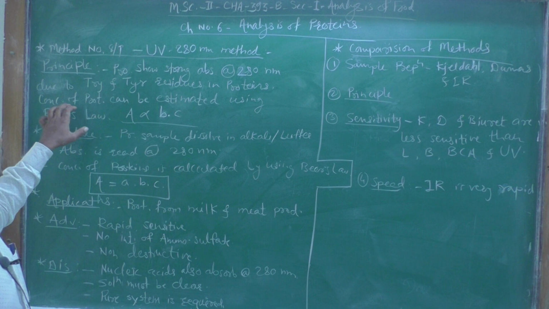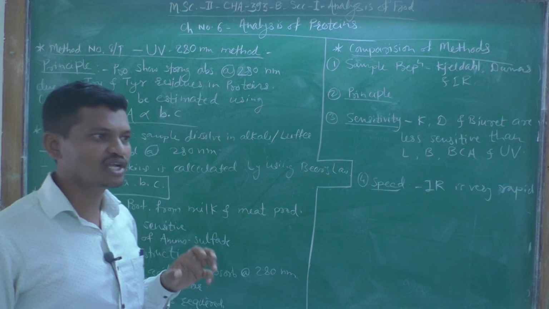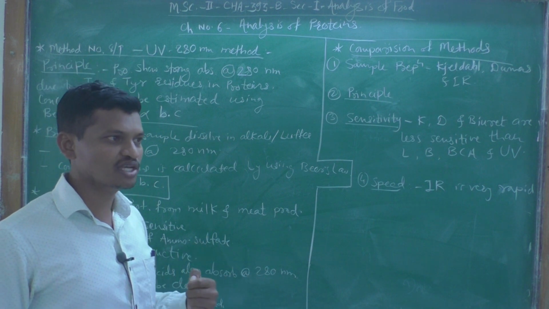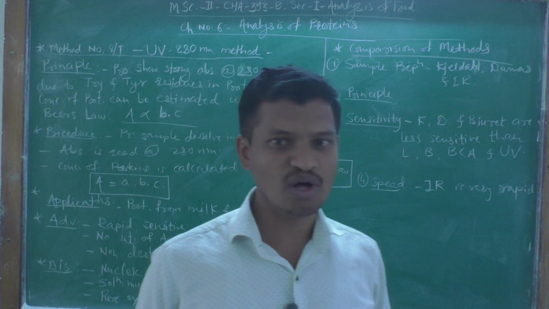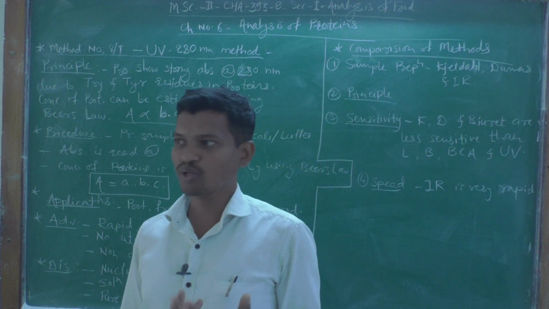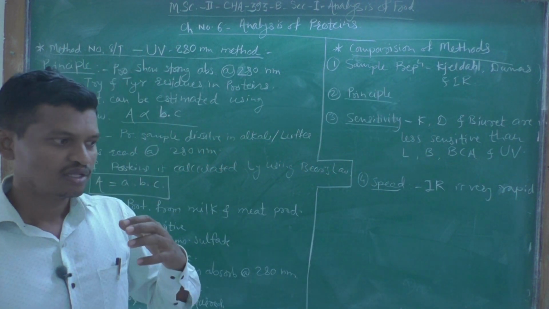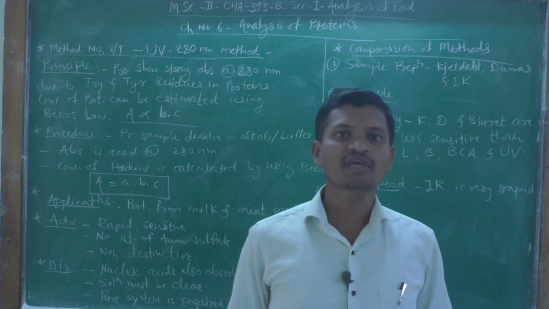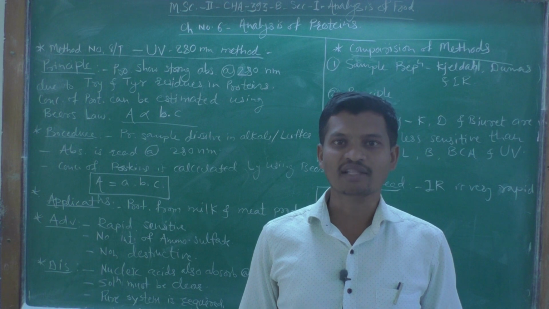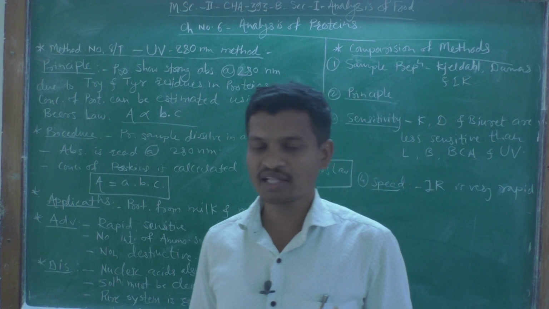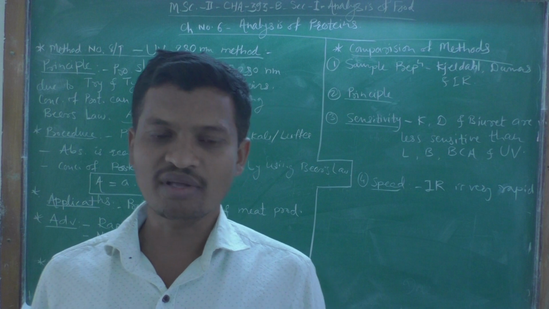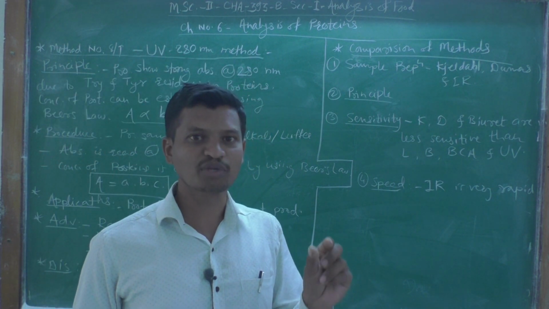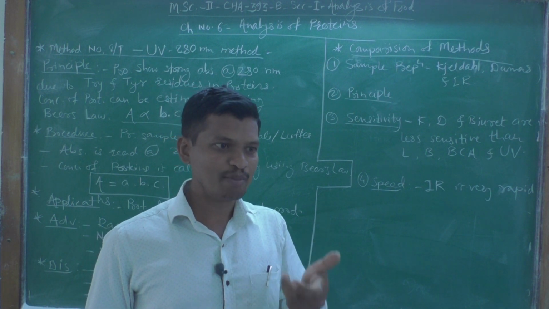And hence this is utilized for the estimation of protein concentration in the food sample by using Lambert-Beer's law, or simply Beer's law. We know that Beer's law says the absorption of any species is directly proportional to the path length and the concentration. The path length here is considered for the cuvette cell, or the sample holder.